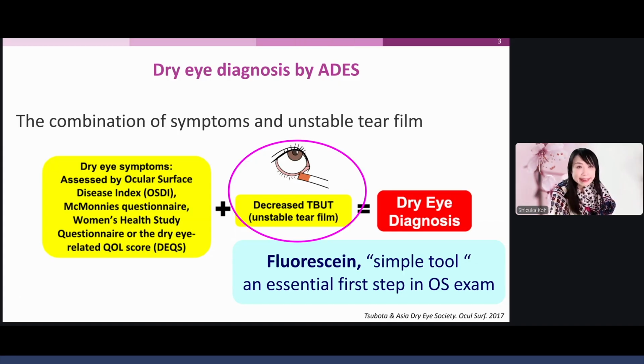Tear film instability is therefore central to dry eye diagnosis. Fluorescein remains one of the simplest and most practical methods for evaluating this instability. It is simple, but very informative.